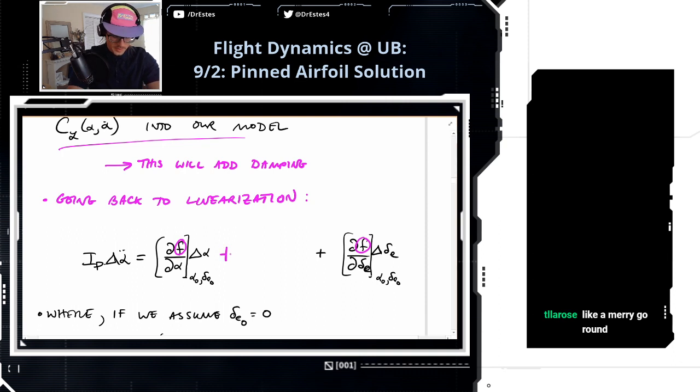So we're going to add this now, because this F on the right-hand side is going to be a function of alpha dot. So we have to incorporate that. And we're going to have a perturbation variable in alpha.